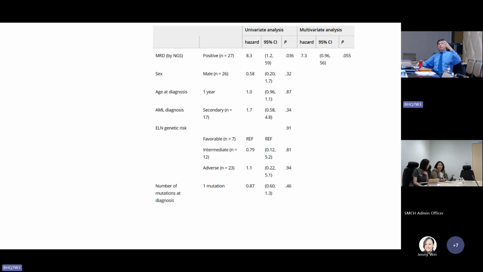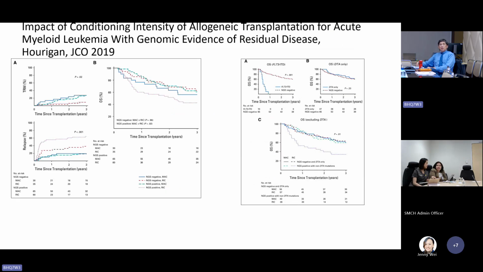We went through a univariate analysis of age, primary versus secondary AML, ELN risk, and number of mutations. The only thing that showed up in multivariate analysis as predictive of failure in our small series was MRD positive status.